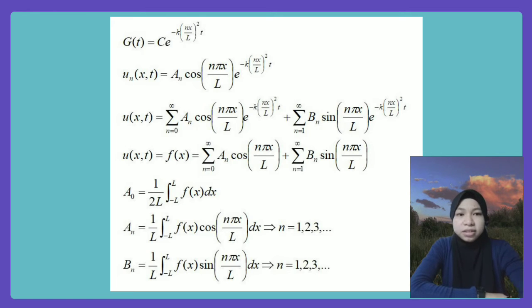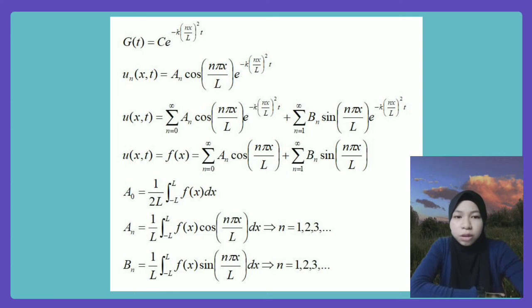f(x) is equal to the sum from n equal to 0 to infinity of an cos n pi x per L plus the sum from n equal to 1 to infinity of bn sin n pi x per L. So a0 equal to 1 over L integral from negative L to L of f(x) dx.